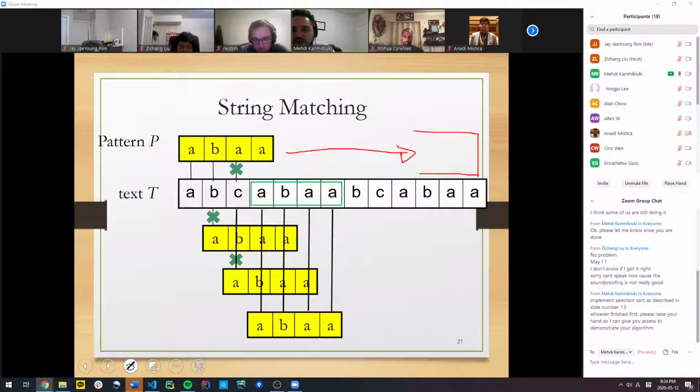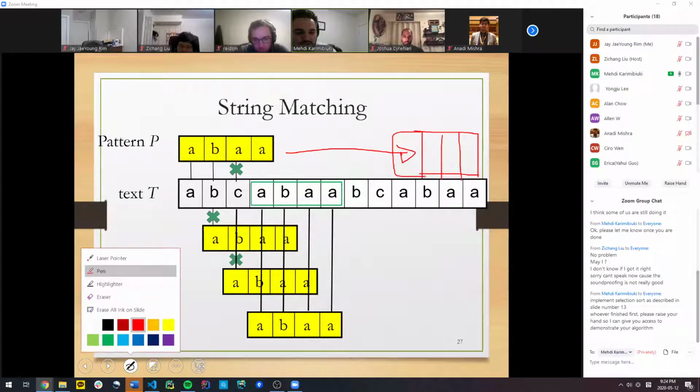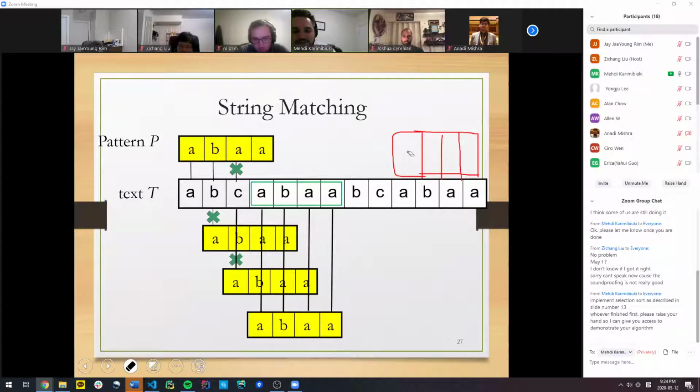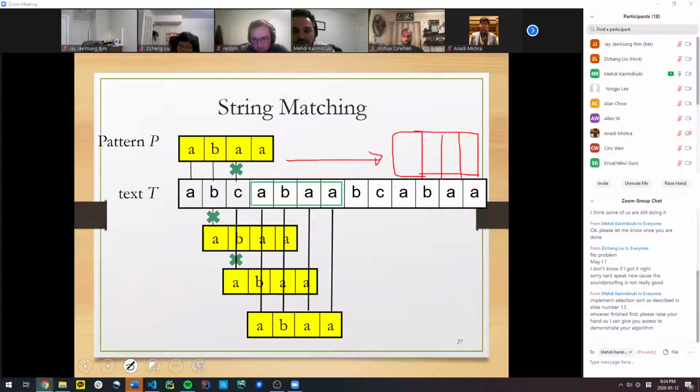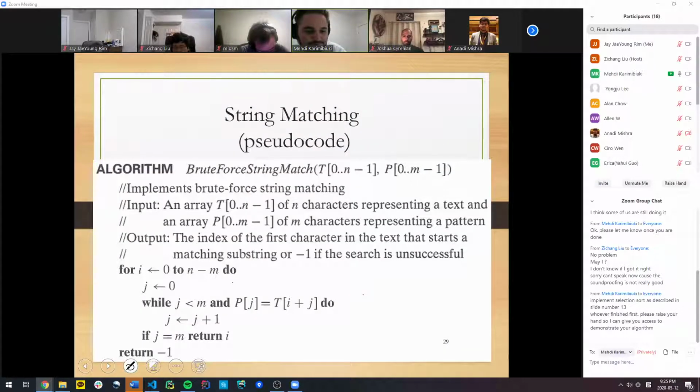So I have 1, 2, 3, and 4, right? So my pattern is at the end here. So basically I have to sweep and stop here at this point. And this point is n minus m. So this index here is 0, and this index here is n minus m. All right. So that's where the for loop comes. That's for this part. You guys see my marker there, right?